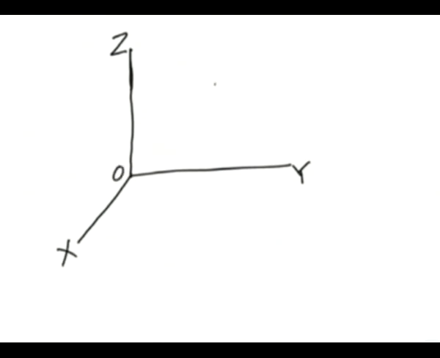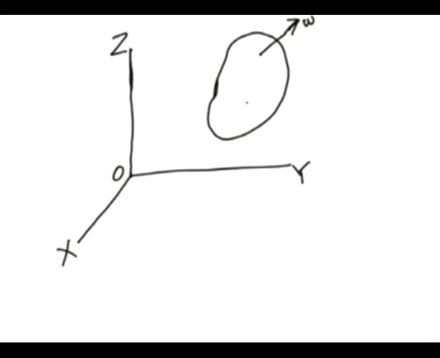Now, this is a body I am showing. This body is having angular velocity omega. I can show the angular velocity vector omega. It is in this direction. At the same time, the body may be translating also.